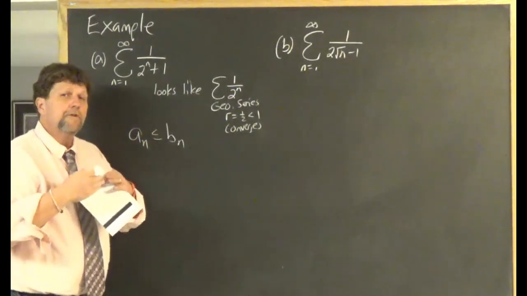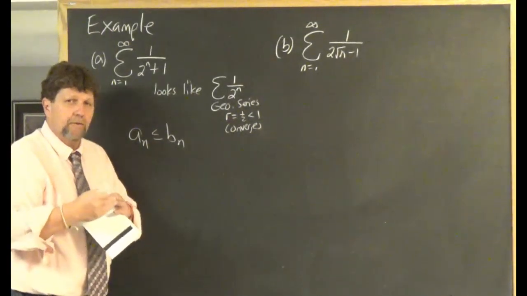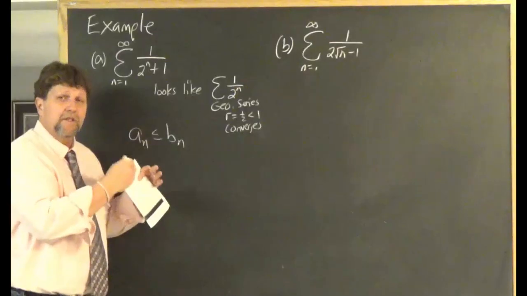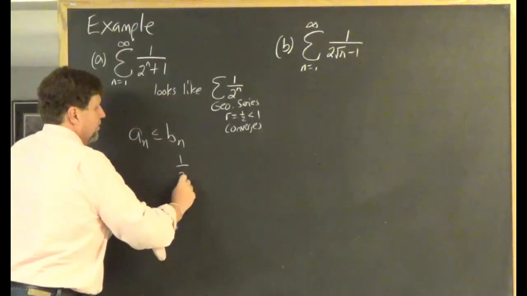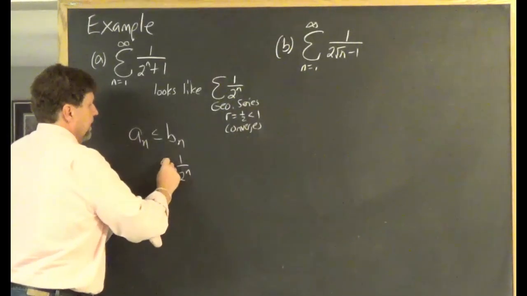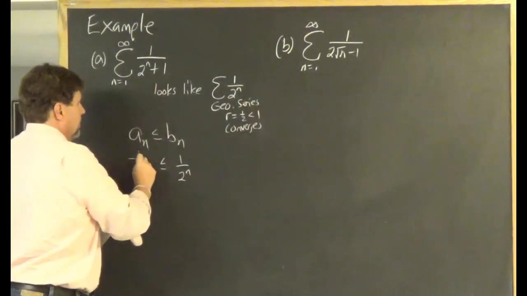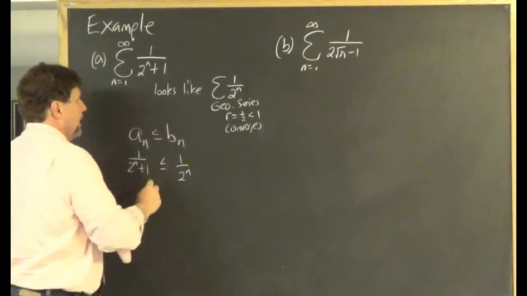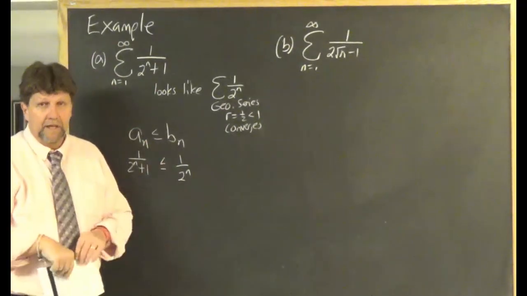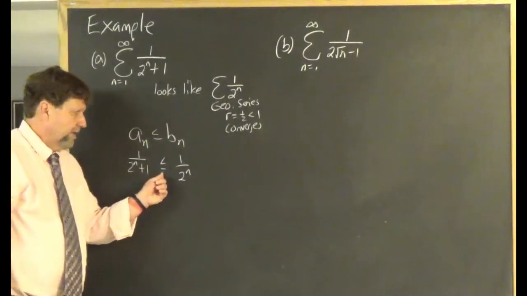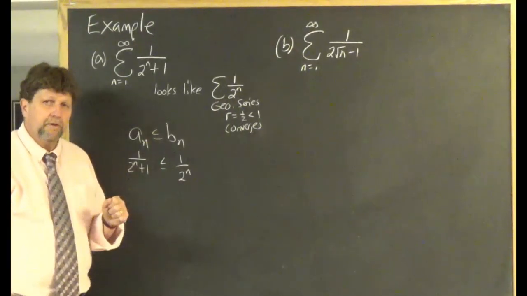So in order to use the power of the direct comparison test for this problem, I have to have 1 over 2 to the n for b sub n and 1 over 2 to the n plus 1 for a sub n. Now folks, I can't just write that down and say, hey, everything's good. I have to make sure this inequality is actually true.